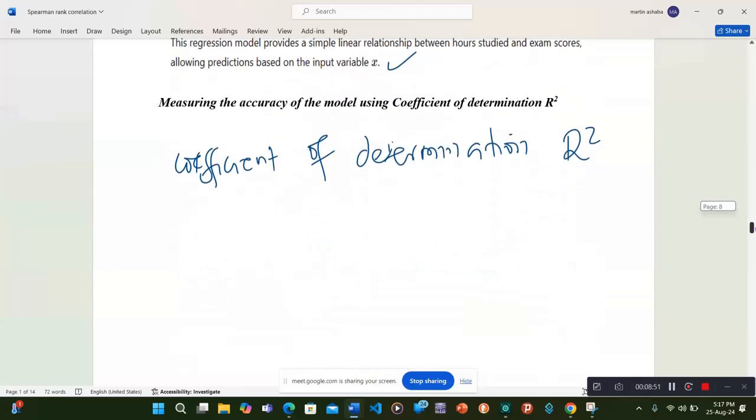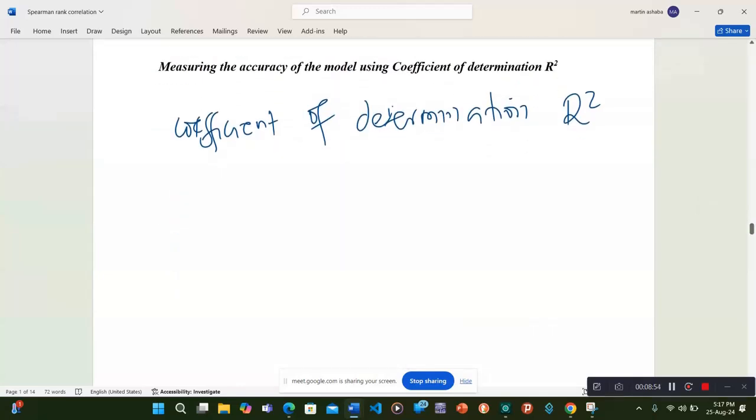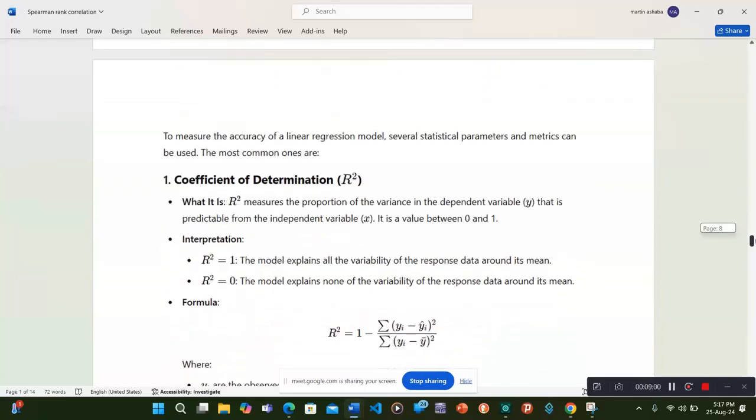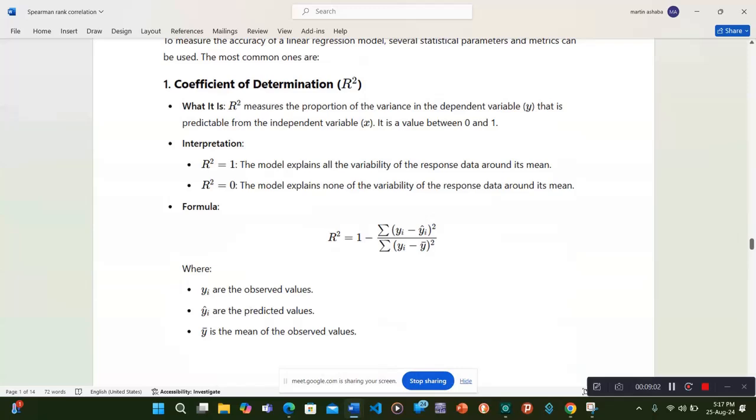Then we need to measure the accuracy of the model by using the coefficient of determination, r squared. And what is r squared? R squared measures the proportion of variance in the dependent variable y that is predictable from the independent variable x.